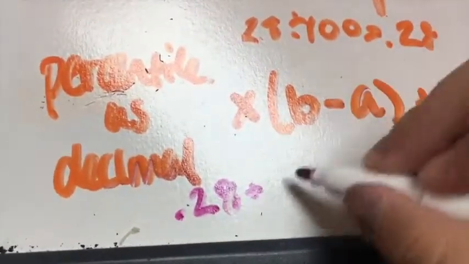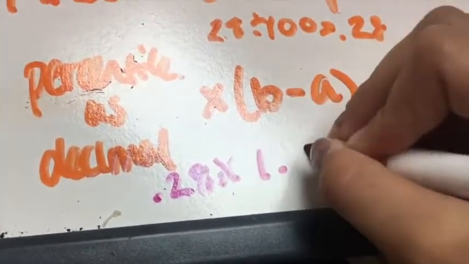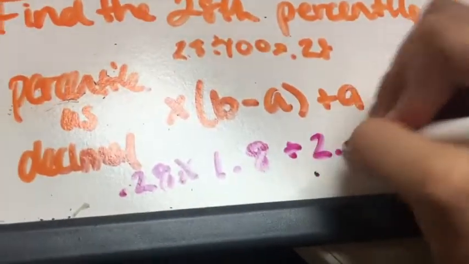So 0.28 times 1.8, and then plus whatever your a is. And a is your starting point, and that's 2.1.